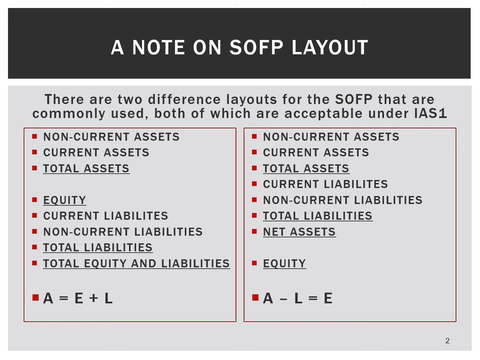In the first case, we'll have a total for non-current assets and a total for current assets, giving us a total asset figure. And then we'll have the equity section followed by current liabilities, non-current liabilities, and a total liabilities figure.